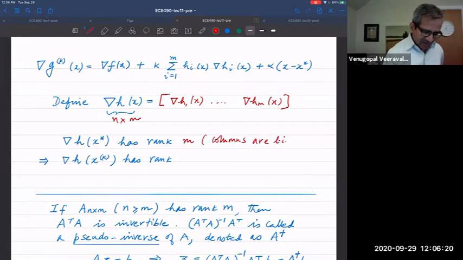Because if m is equal to n, we showed that the result is trivial, right? This has rank m at x star, but xk is approaching x star. And so by the continuity of the gradients, this is also going to have rank m for k sufficiently large.